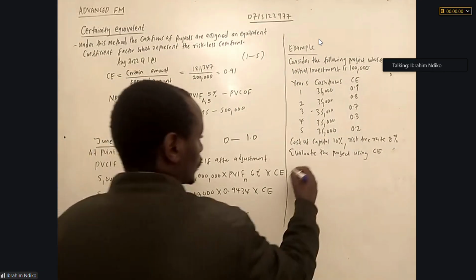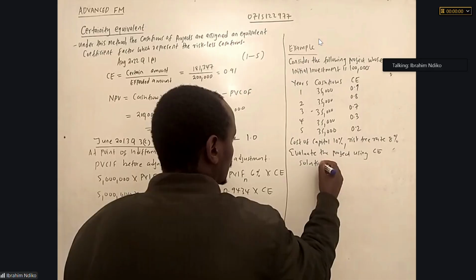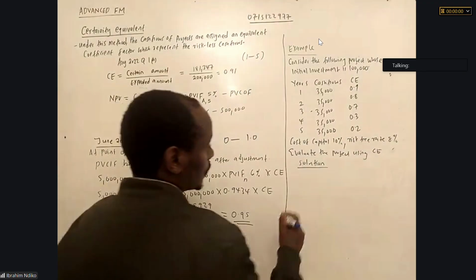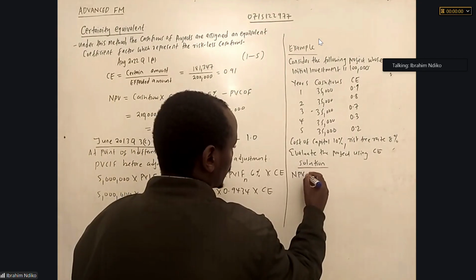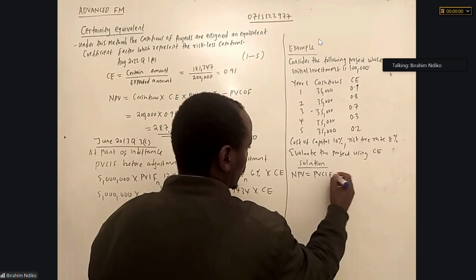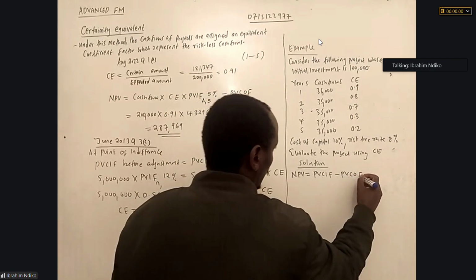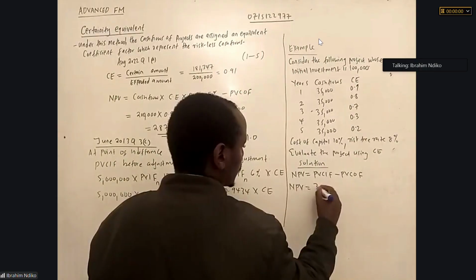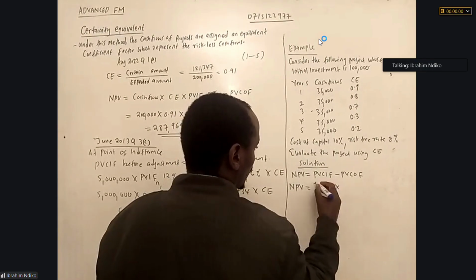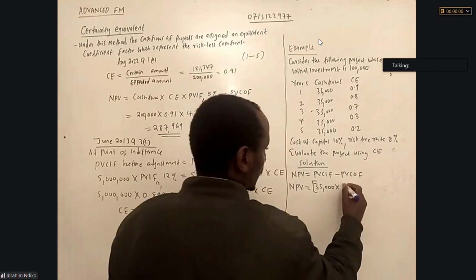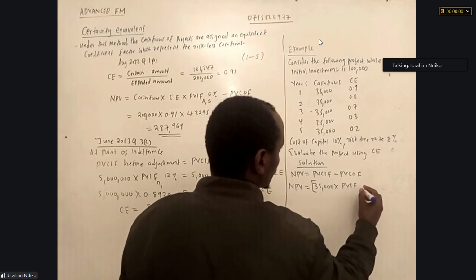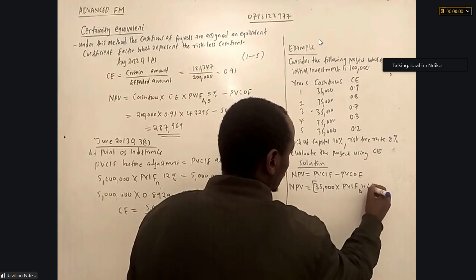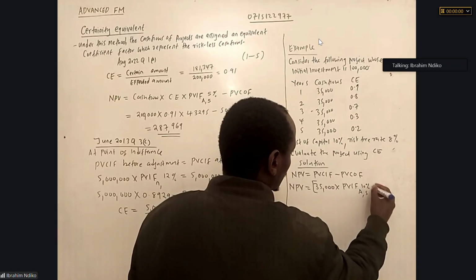So solution, we compute NPV without the certainty equivalent. Uko sawa? Yes. NPV without certainty equivalent, which is the present value cash inflow minus present value cash outflow. In this case, the cash flows are the same, so automatically we use the annuity. Present value interest factor, 10% annuity, 5 years.